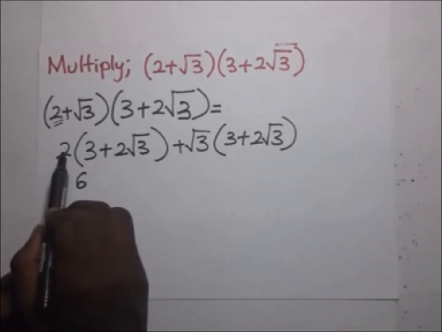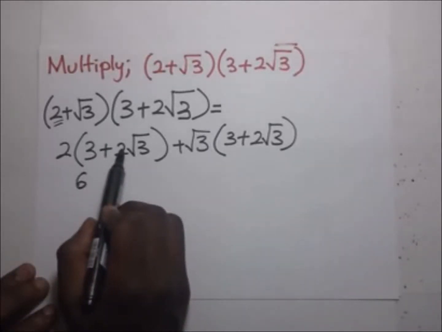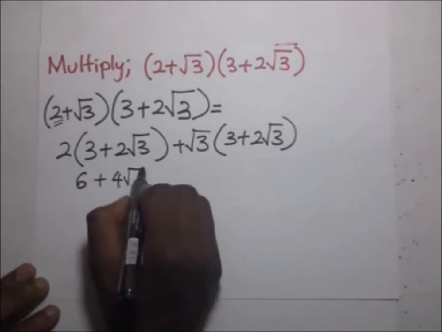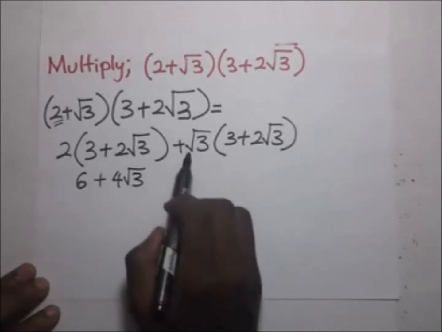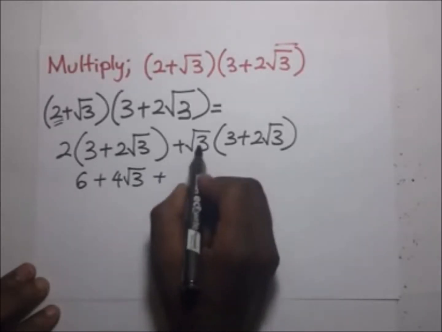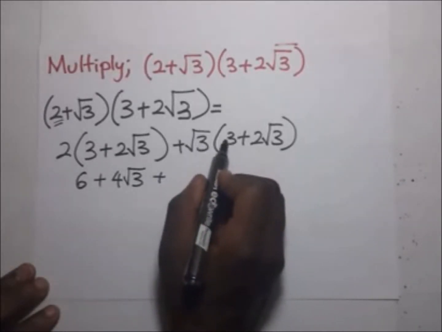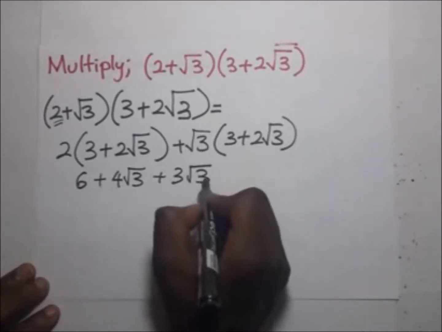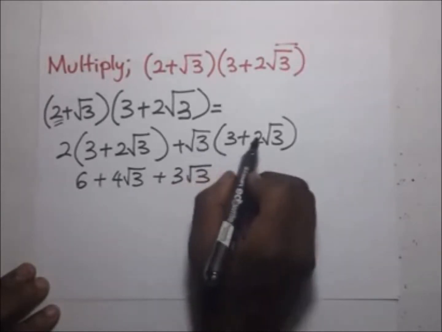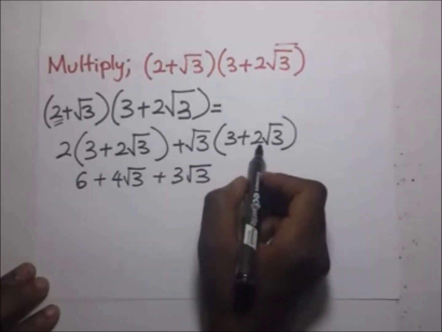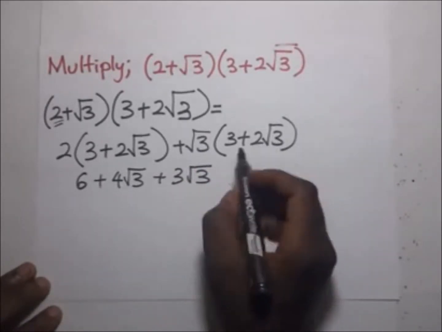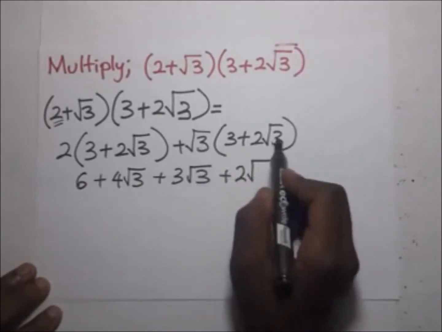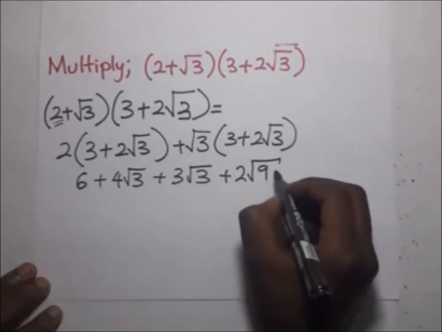Then 2 times 2 gives us 4√3, so plus 4√3. Then plus √3 times 3, which is the same as 3√3. Then √3 times 2√3 is going to become plus 2 times √3 times √3, which is 9.